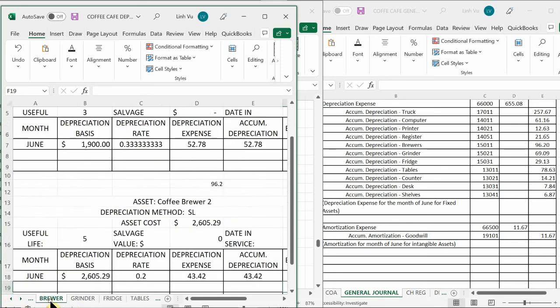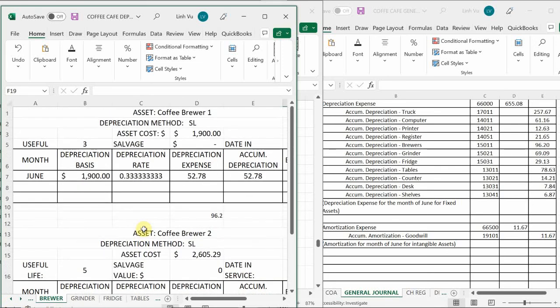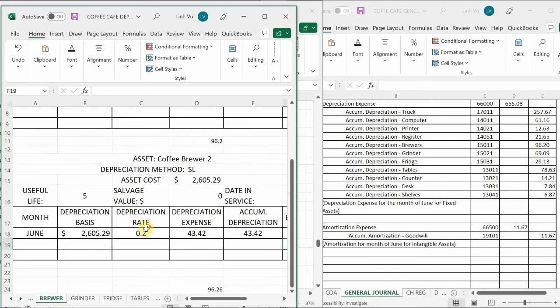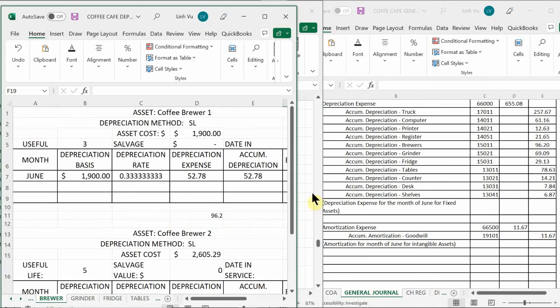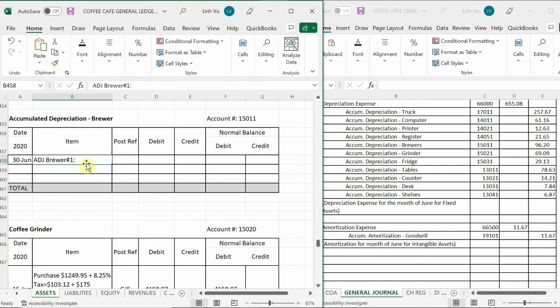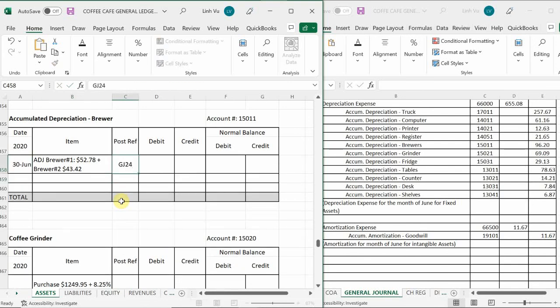Right. There you go. Okay, so the first one was 52.78 and the other one was 43.42. For a total of 96.20.